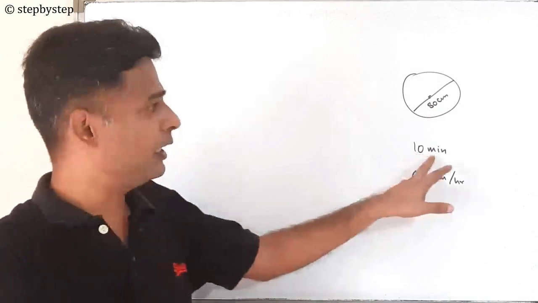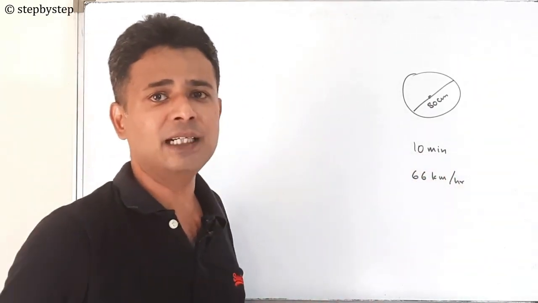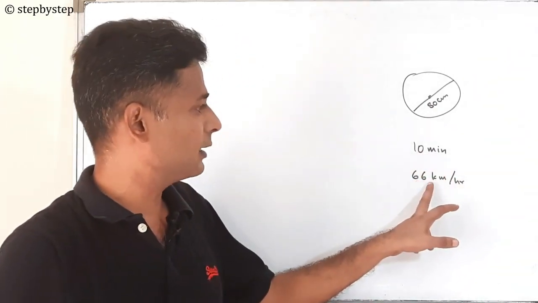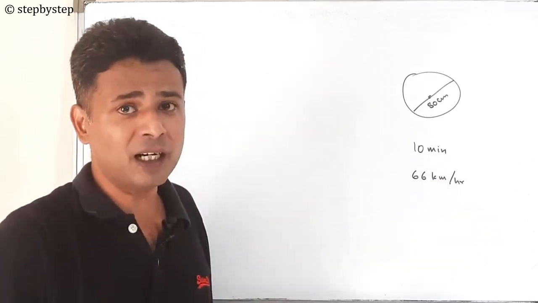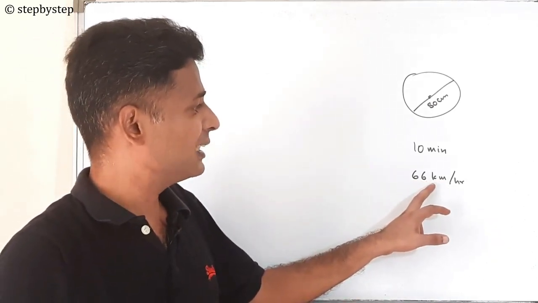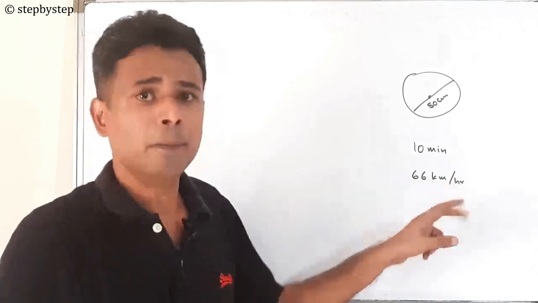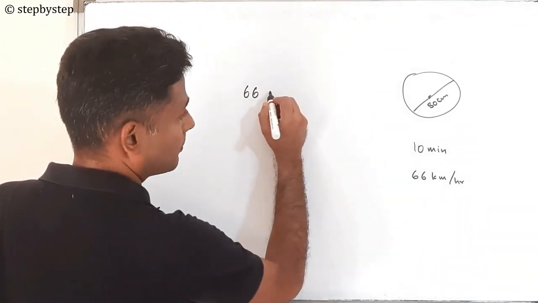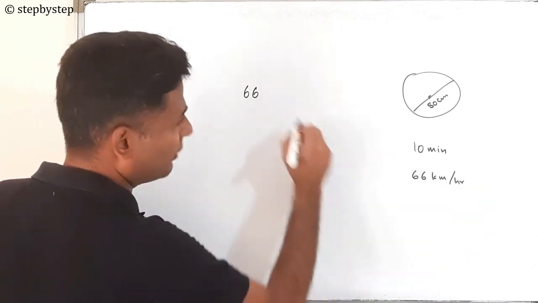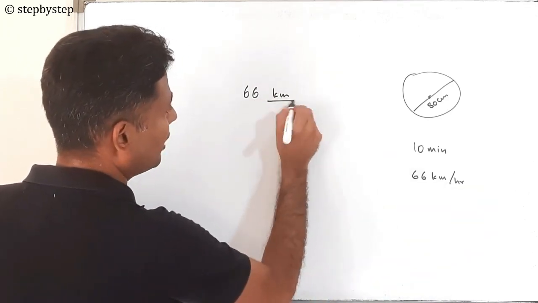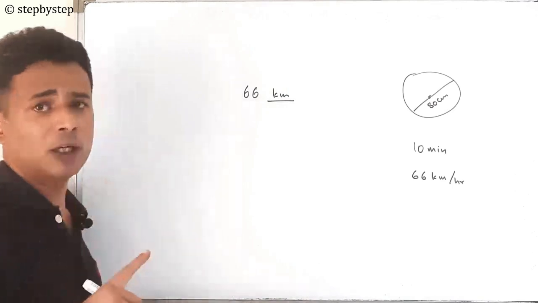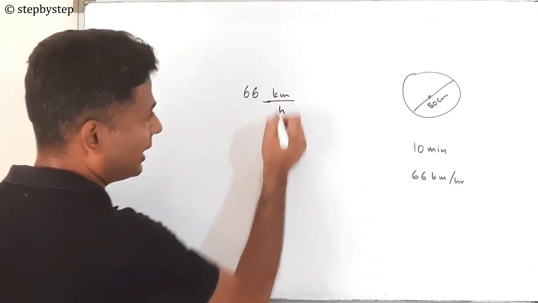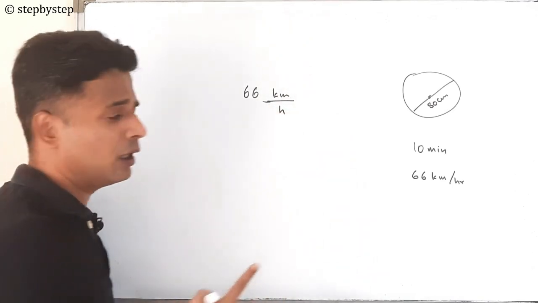The first thing is we need to find how much distance the car will travel in 10 minutes. First of all, the speed is 66 km per hour. So we have to convert it to kilometers per minute. How do we convert hour to minutes?